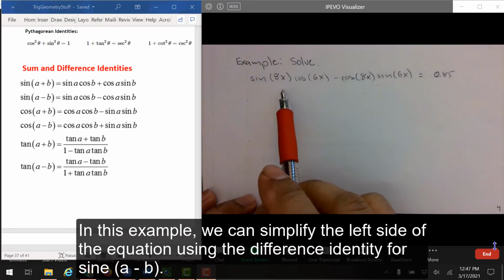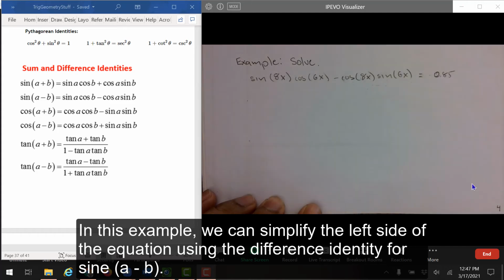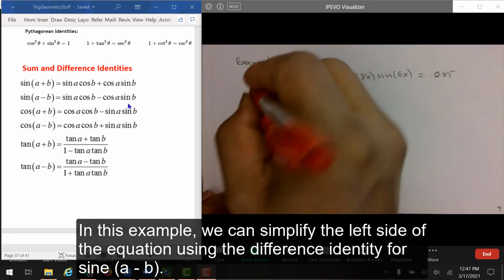In this example, we can simplify the left side of the equation by using the difference identity for sine a minus b.